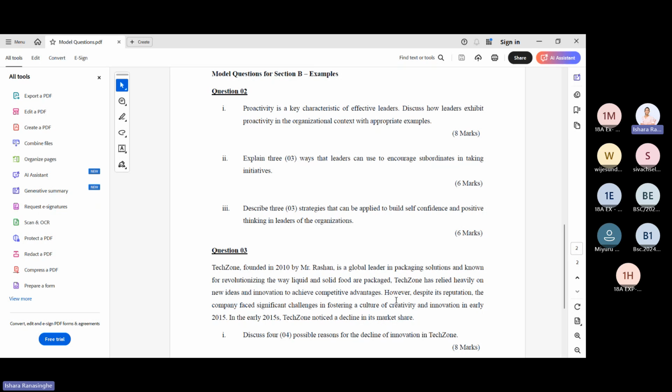So then, for an example, just assume you all have written adaptability, right? It's one characteristic. So when you are writing the adaptability and explaining it, you will receive 1.5. For the example, you will receive the other half a mark.